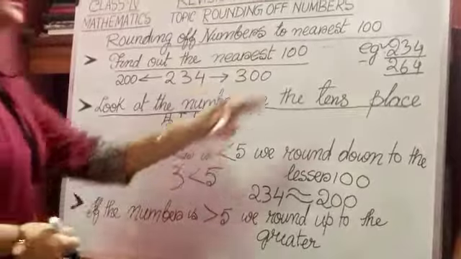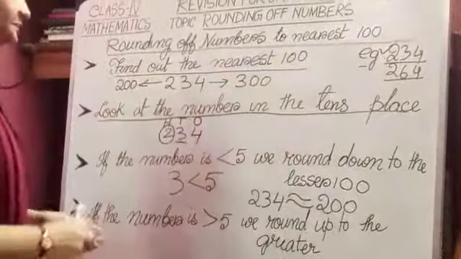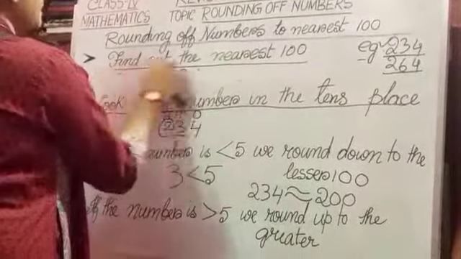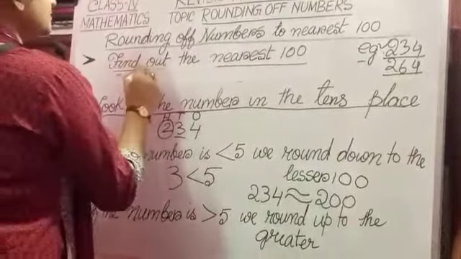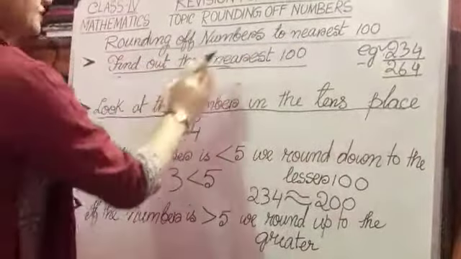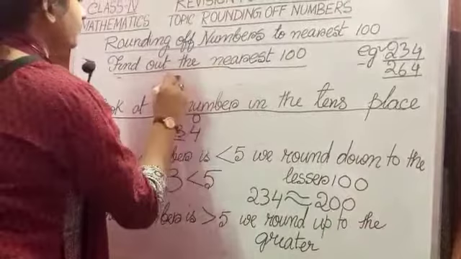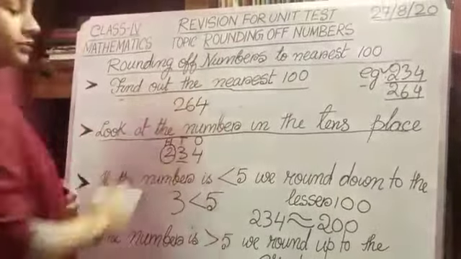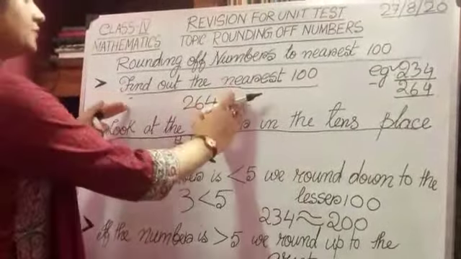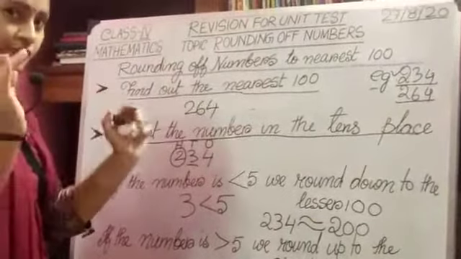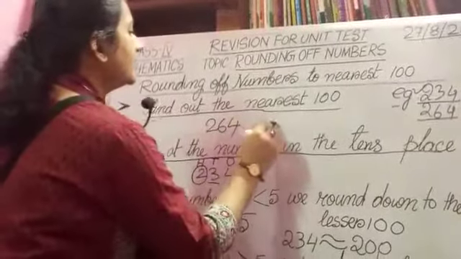Now let us take the next sum. Our next number was 264. According to the first step, we consider the two nearest hundreds.